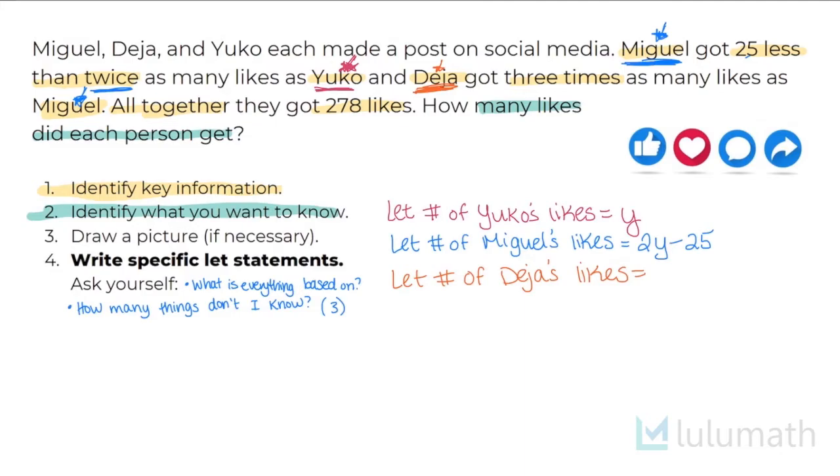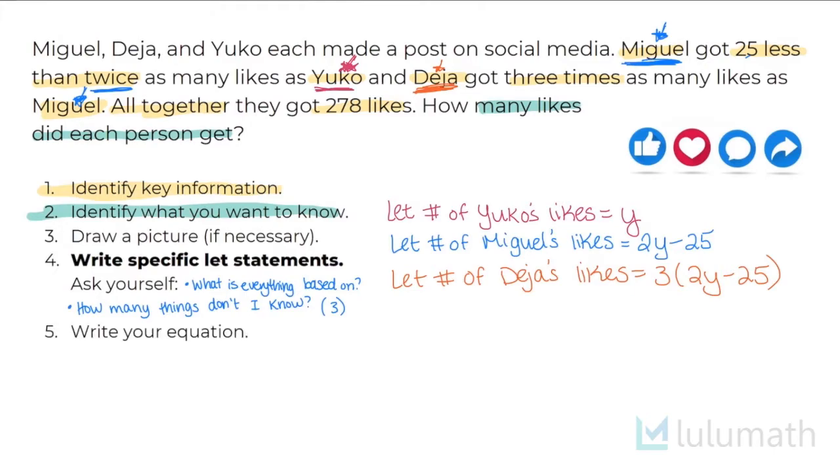But it's 3 times the whole entire thing, so I'm going to say 3 multiplied by 2y minus 25 in brackets, because again, it's 3 times the entire expression 2y minus 25, and if I don't have brackets, then I'm only doing 3 times 2y as opposed to 3 times all of this 2y minus 25. Your let statements are the hardest part, so congratulations, you've gone through the hardest part.